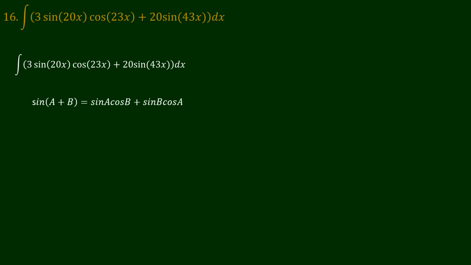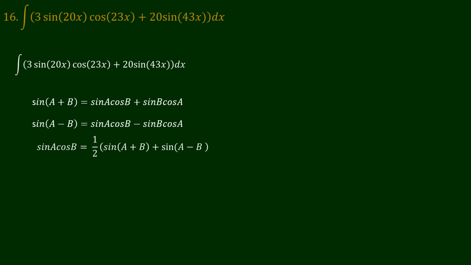So the sine of A plus B is the same as sine A cosine B plus sine B cosine A, and sine of A minus B is equal to sine A cosine B minus sine B cosine A. So when we add these two together, we find that sine A cosine B is equal to a half of sine A plus B plus sine A minus B.